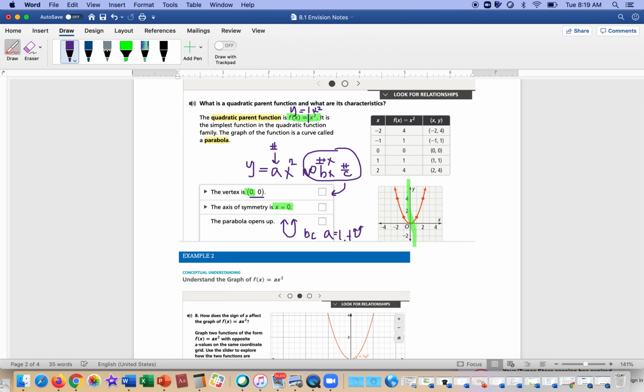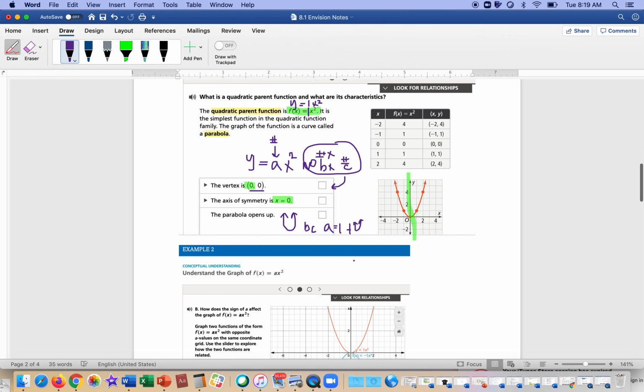Again, we're not going to say narrower or wider because we're always comparing to 1. And the absolute value of 1 is not larger, so it's not narrower, and it's not smaller, so it's not wider. Again, though, narrow and wider is opposite of intuition.